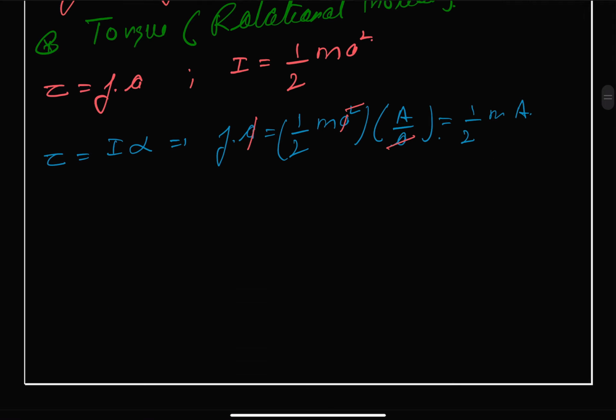So we substitute f in equation number 1. From equation 1 we can write that mg sine of theta minus half mA is equal to m times A.